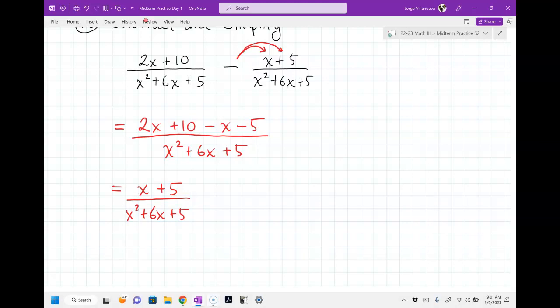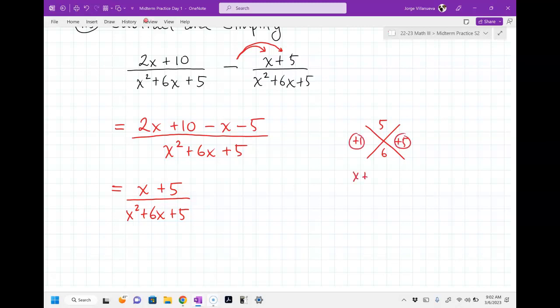The question is, can I further simplify this? Can I factor the bottom and it becomes an x plus 5 down there? I mean, let's check it out. Yeah, it is, right? Let's factor the bottom part. A times c, that's 5. Your b value is a 6. So it would be a plus 1 and a plus 5.